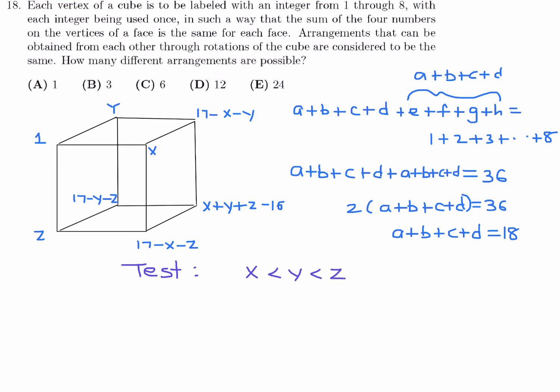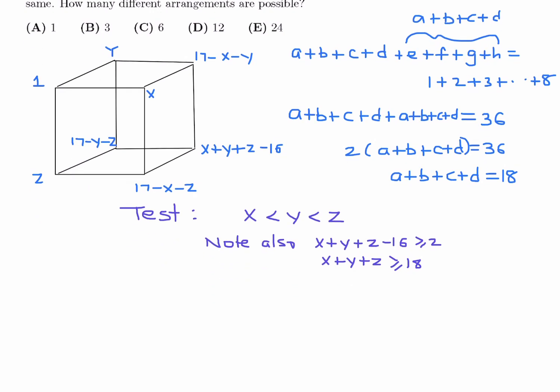And then also note that this is a very important finding, because that will allow us to conclude that since the 1 has already been gone, the lowest this can be is 2. So that means that X plus Y plus Z minus 16 has to be greater than or equal to 2. So that means that X plus Y plus Z has got to be greater than or equal to 18.